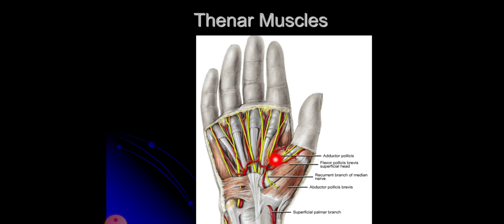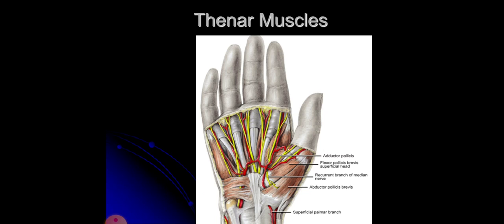When the muscles belong to the thumb, we add pollicis. For example, this one is abductor pollicis brevis, because we have abductor pollicis longus in the forearm, and this one is flexor pollicis brevis. Brevis means short.